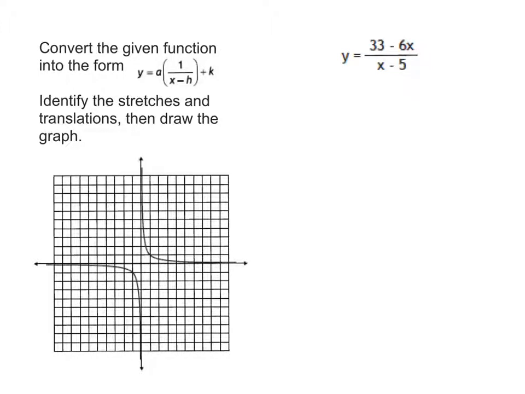We had it in the last one. We had 2x over x, so we had a common factor in the numerator and denominator. We need that here as well, but we need to figure out how we're going to get a common denominator. And the common denominator has to be x minus 5 because that's the only factor in the denominator. So I somehow need to get an x minus 5 somewhere in the numerator.